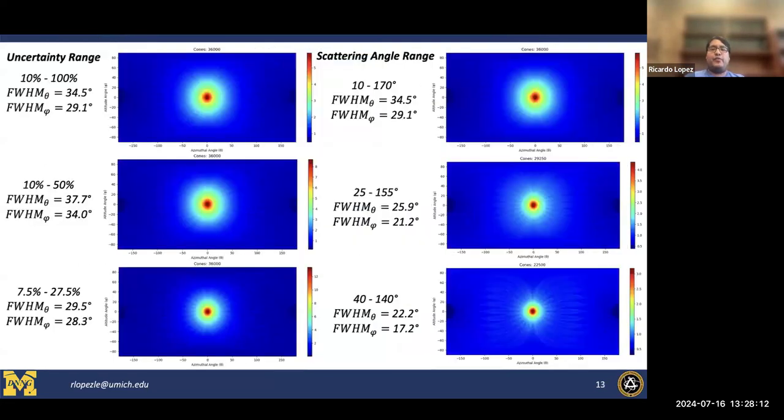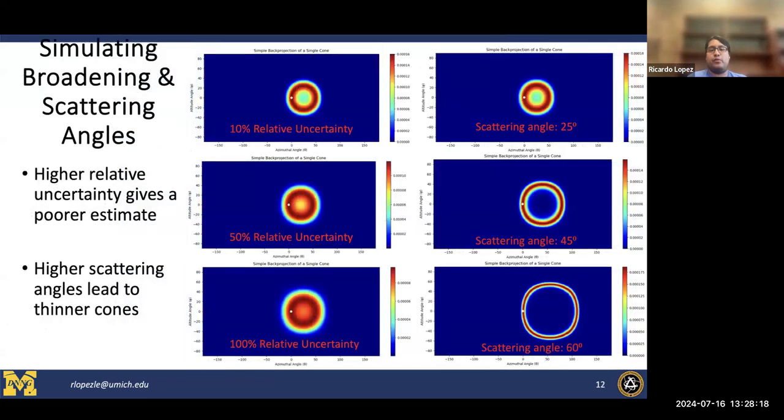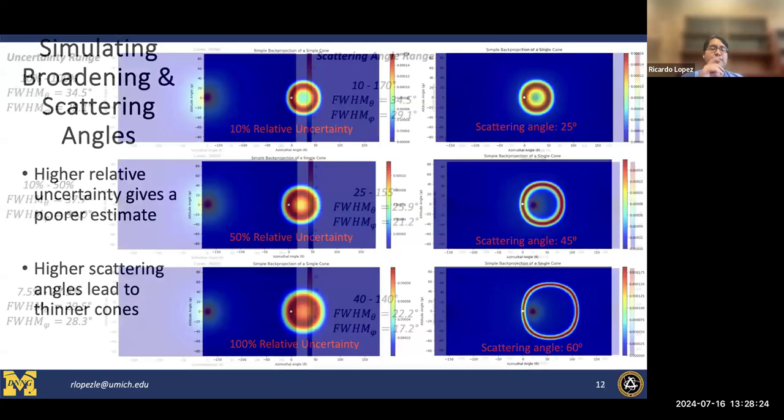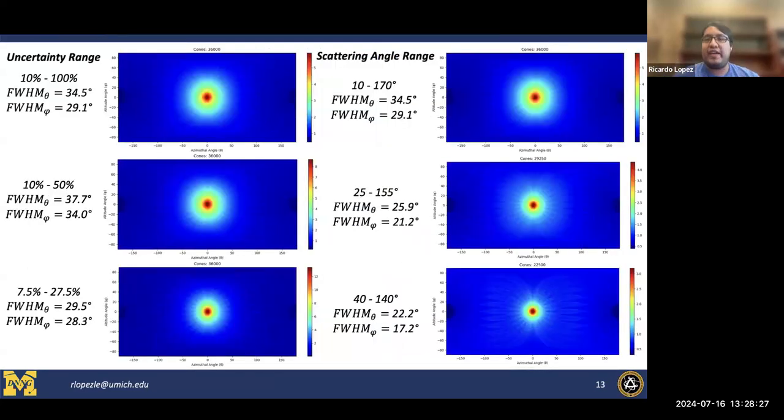Another thing that I wanted to show was essentially what happened. I showed you, let me go back to this one slide real quick, what's happening on an individual event basis or on a per cone basis. But generally speaking, you're not going to be looking at individual cones. You're going to be looking at the quote unquote final image, or the summation of all the cones that you have in a particular measurement.